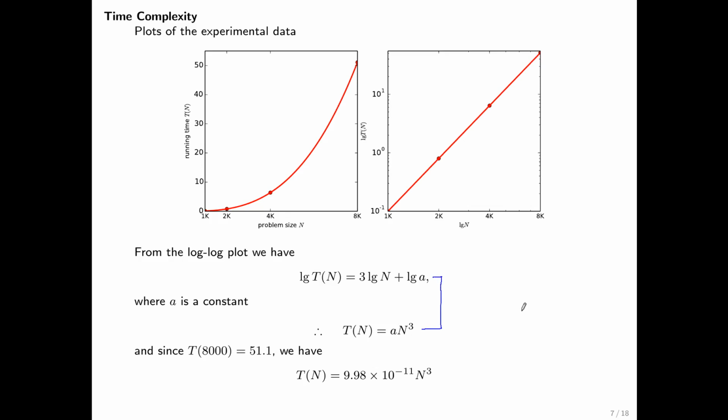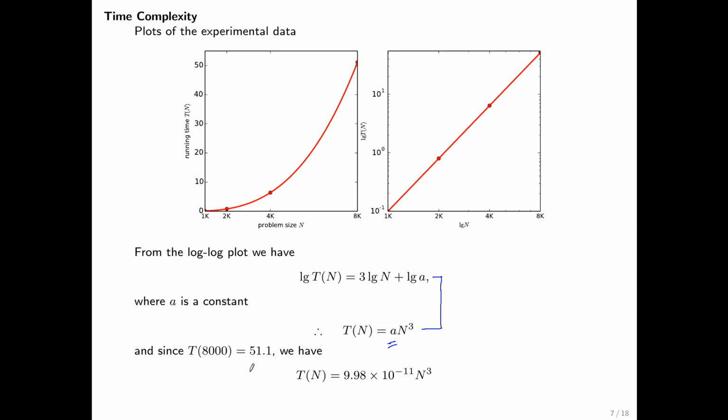Now when you write it in this fashion, we have a nice expression for t of n. It is simply some constant a times the cube of n. Now the question is, how do we figure out the value for a? Well, that's fairly straightforward. You simply go back to the experimental data and grab one point from that data.